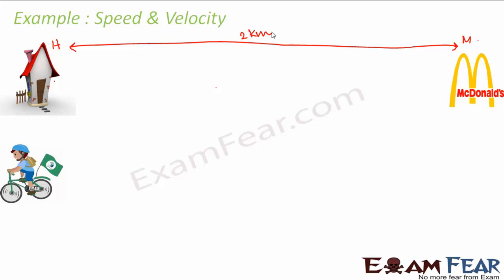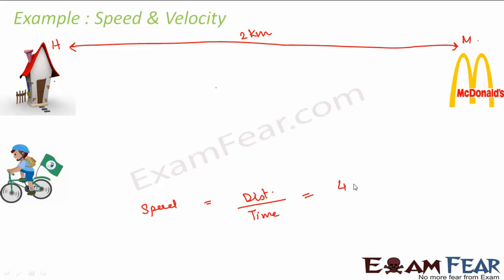So in this case, we will try to calculate the speed. What would be the speed? Speed is nothing but the distance traveled divided by the time taken. So what is the distance traveled? Plus 2 kilometers while going, again 2 kilometers while coming back.